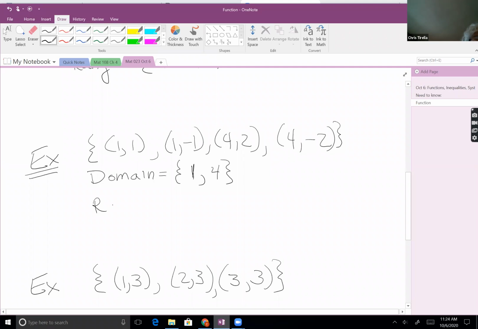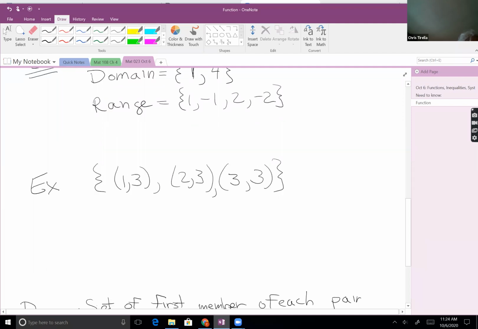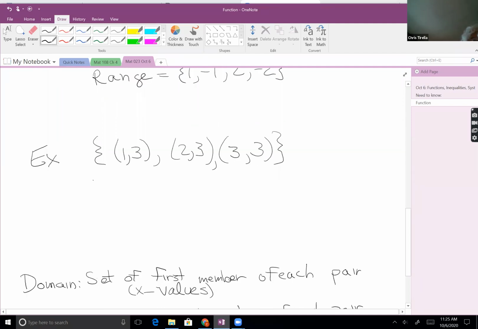What would the range be? What are my second members? 1, -1, 2, and -2. Beautiful. Thank you very much. And then this last one, what would you tell me the domain is?